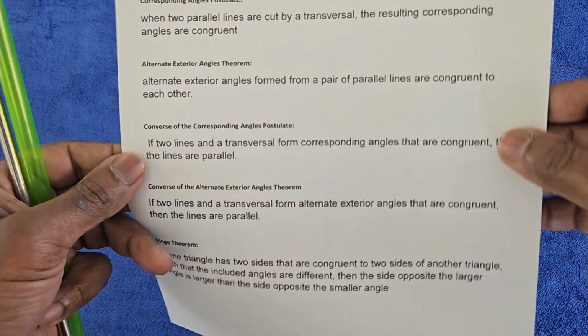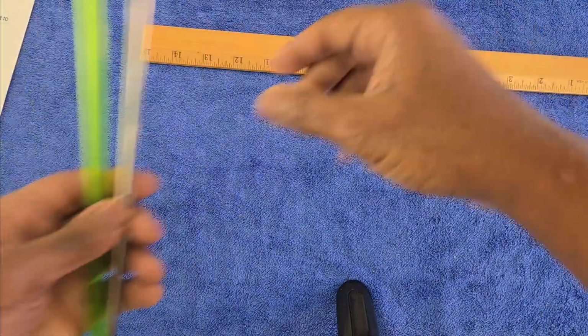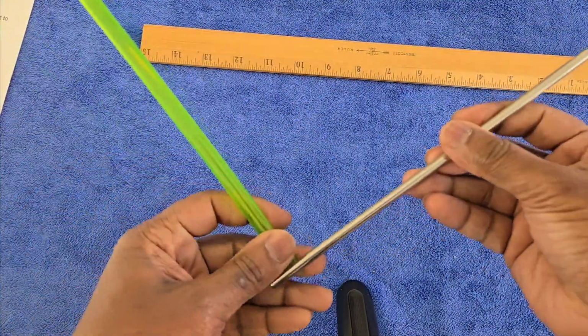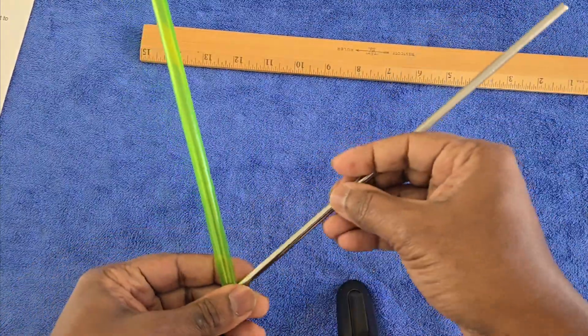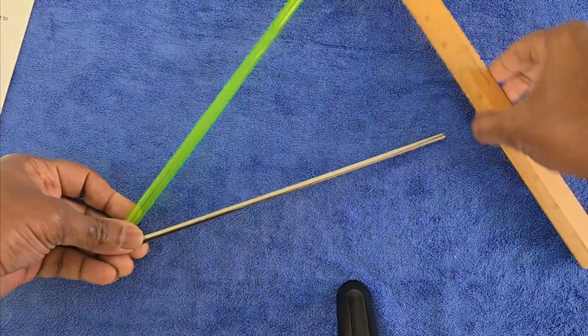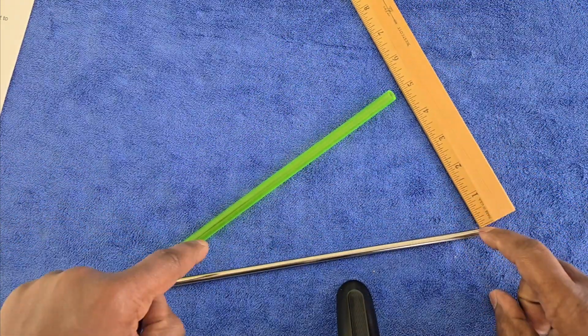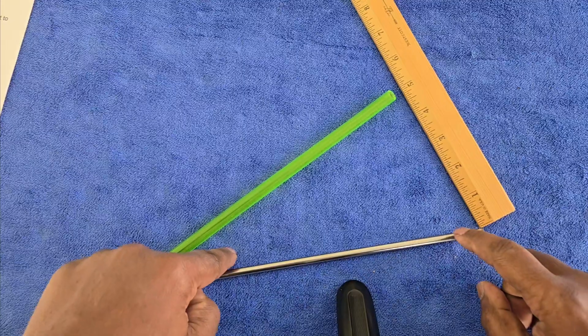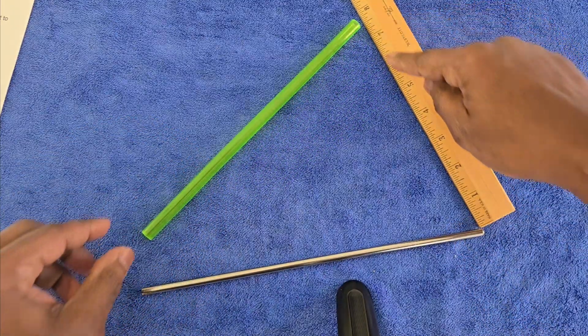And lastly, we have the Hinge theorem. Hinge theorem is interesting. So here I'm going to make a triangle, and I have this length side, and I'm going to just create a triangle. Boom. Now, what the Hinge theorem says is as I increase this angle over here, the length of my third side, and as you can see, this is my third side, increases.